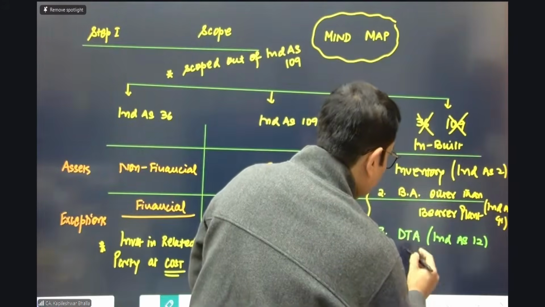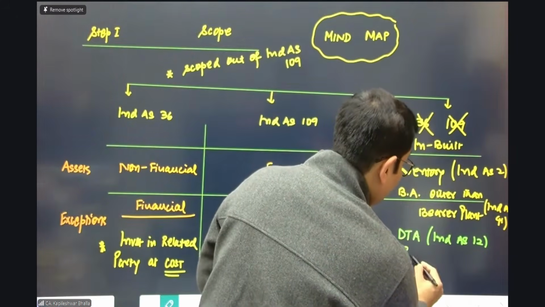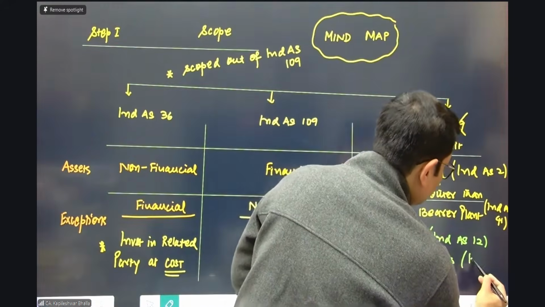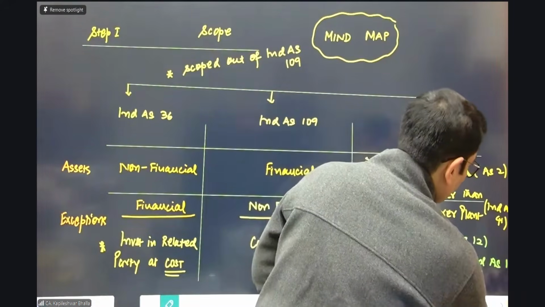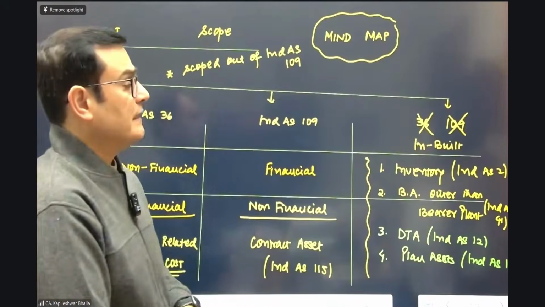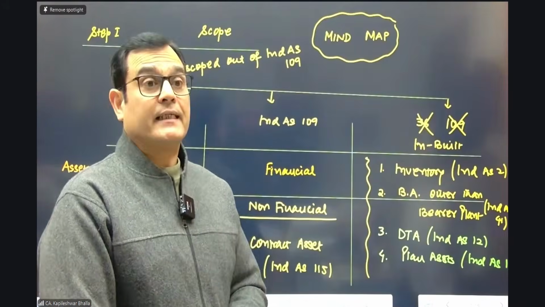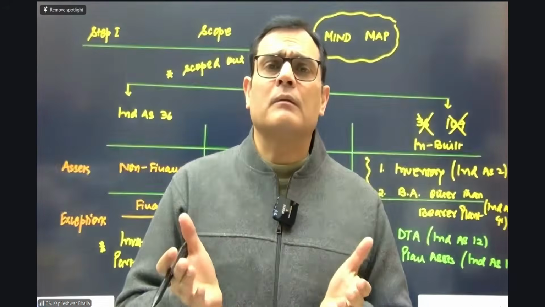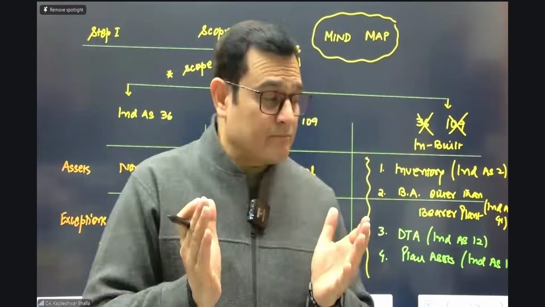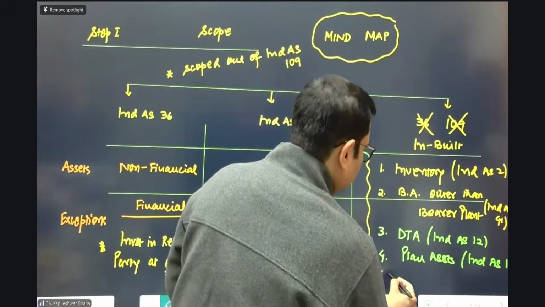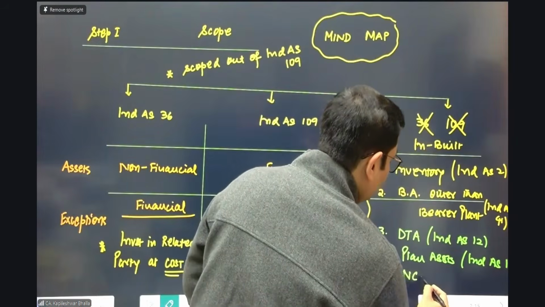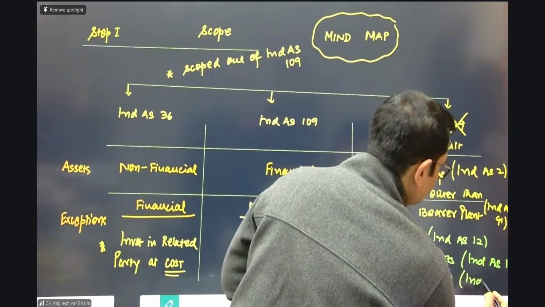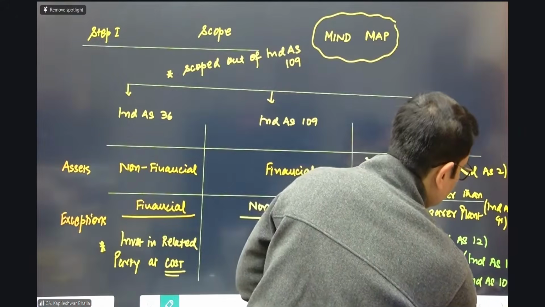Number 4, we've got plan assets, and that is under Ind AS 19. Because they are captured at fair value as per Ind AS 19, no impairment testing is required. And then there is another one as well, non-current assets held for sale, as per Ind AS 105.